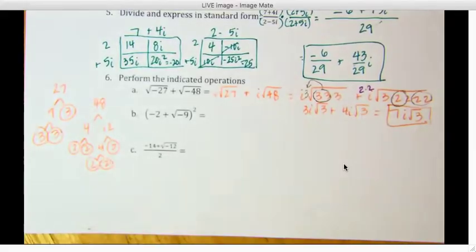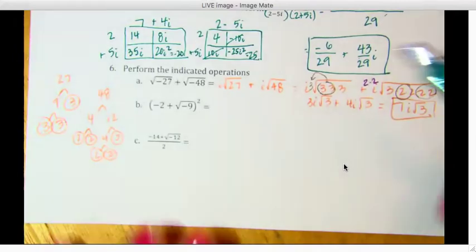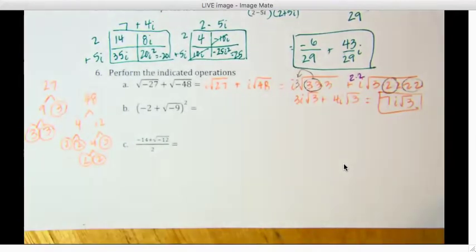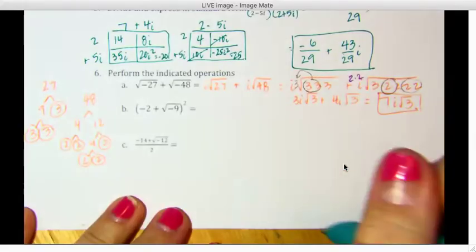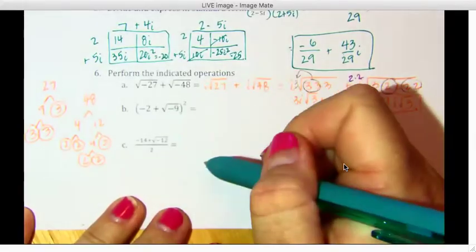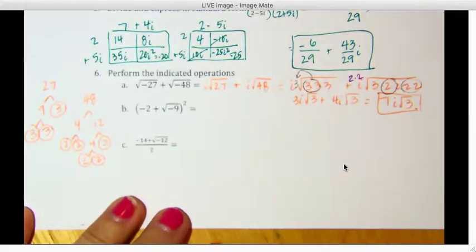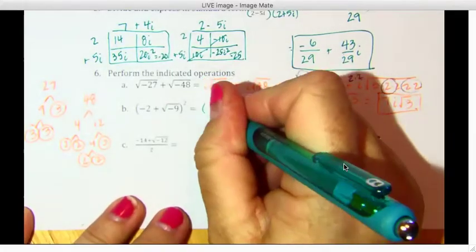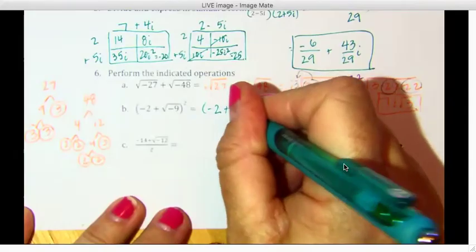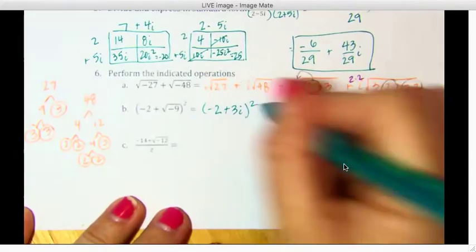So for the next one, we have negative 2 plus the square root of negative 9, squared. Before I do anything, I need to rewrite this. Well, the square root of 9 is 3. And with that negative in there, that'll become 3i. So I can rewrite this as negative 2 plus 3i squared.